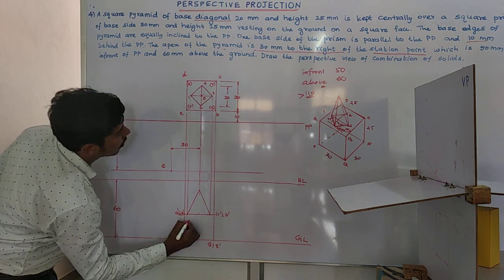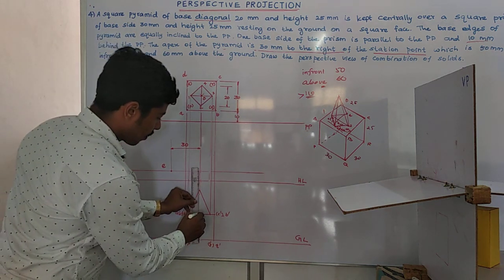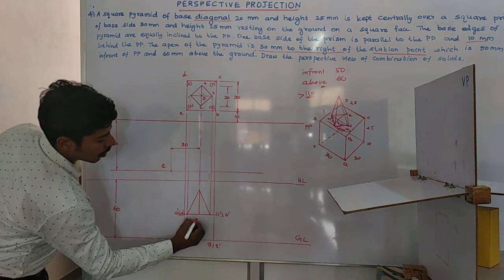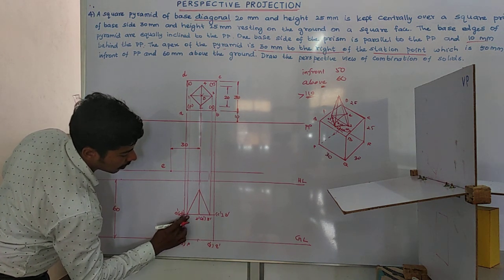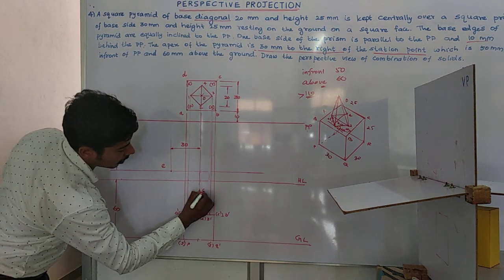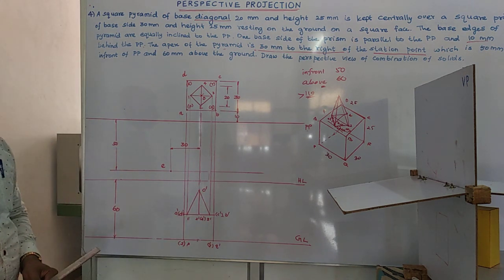So then here 1 dash, 2 dash, 3 dash, 4 dash. This point is 4 dash. So we draw the front view also.